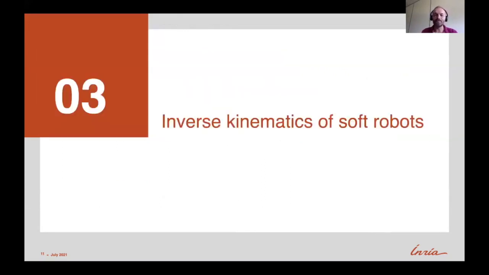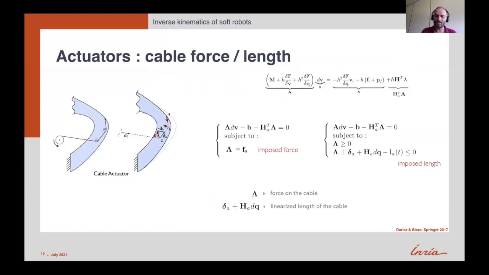So for the inverse kinematics, we will use this compliance projection. Again, you have this matrix system. You have the force created by cables. You can either impose a force by imposing the force to apply on lambda.